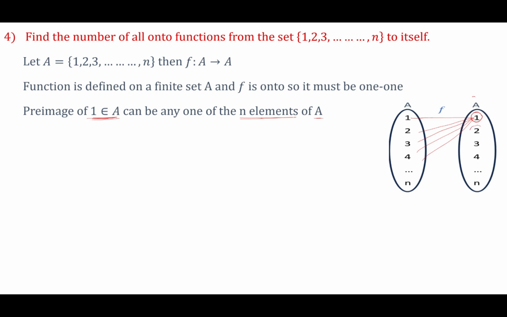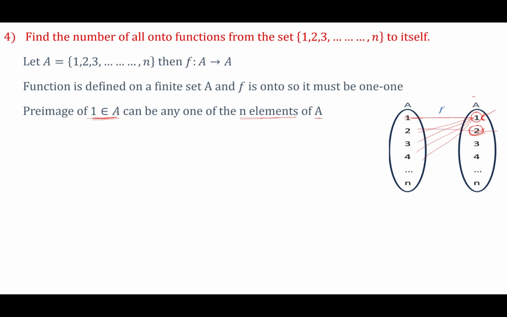Similarly, for element 2 of the codomain, it has one option less than element 1, because 1 already took one pre-image. So the second element has one fewer opportunity to be a pre-image.